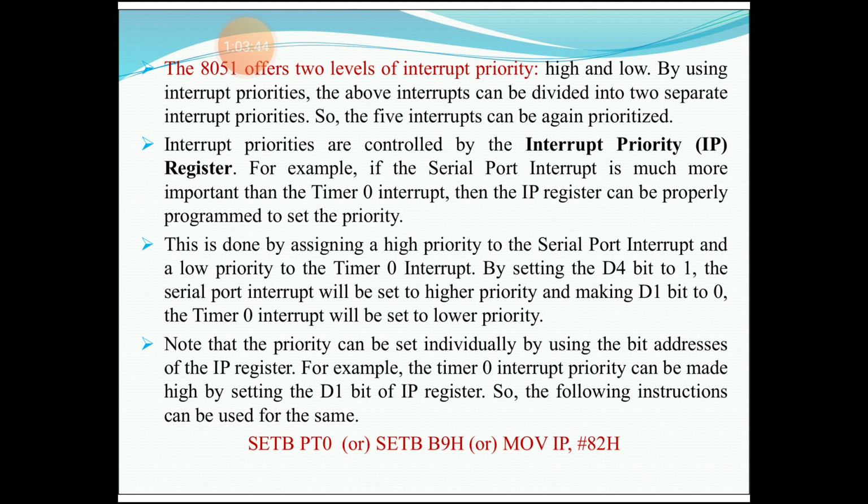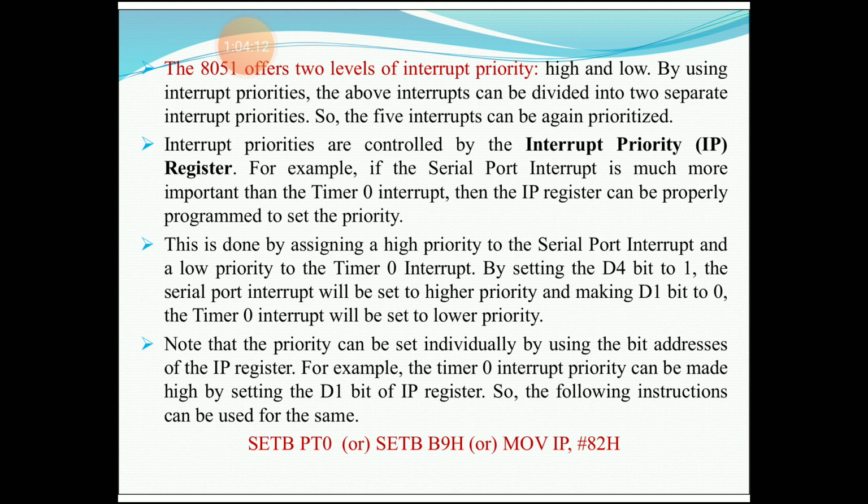By setting the D4 bit in the IP register to 1, the serial port interrupt has the highest priority, and by making the D1 bit 0, the timer 0 interrupt gets the lowest priority. Here the D1 bit belongs to the timer 0 interrupt priority. So we have to alter the priority order by programming the IP register.